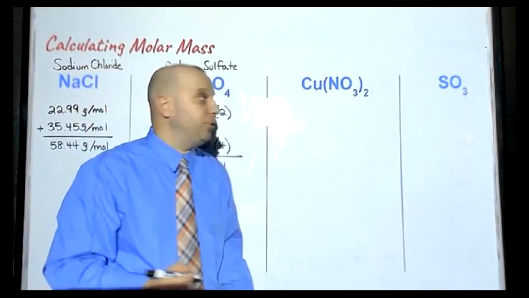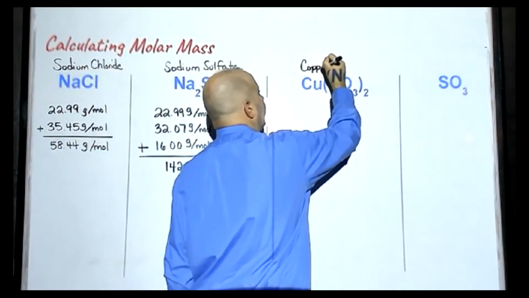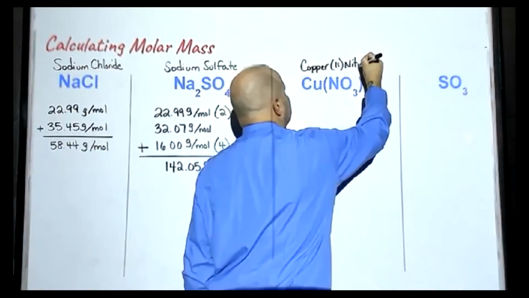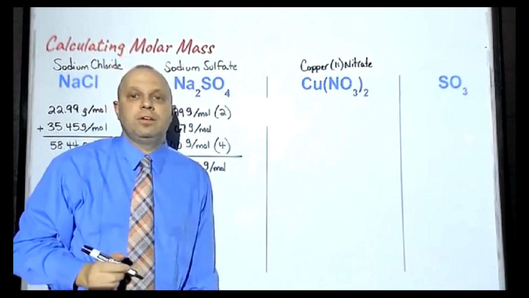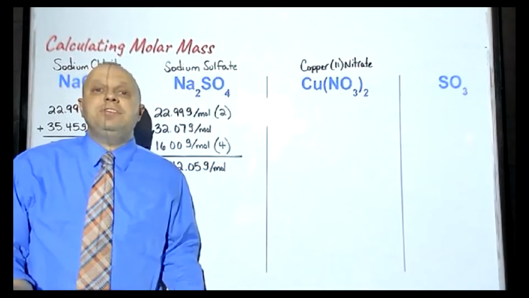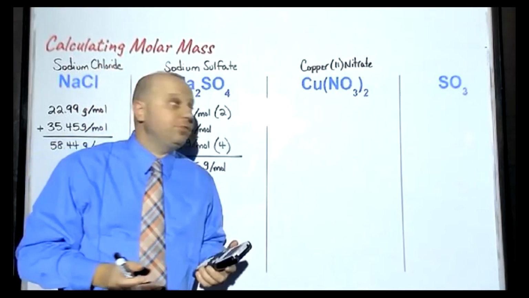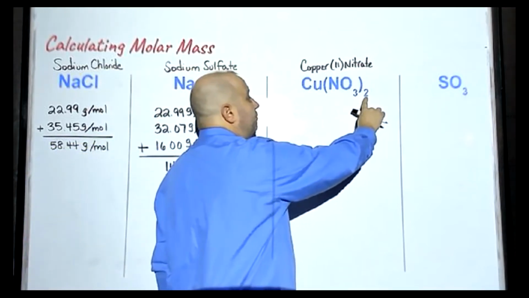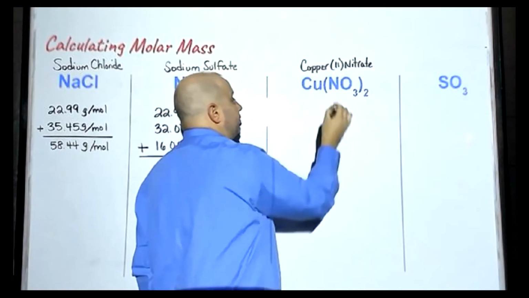In our next example, we have copper(II) nitrate. So in this case, I want to remind everyone of the significance of parentheses. If you have a subscript outside of the parentheses, it gets distributed throughout the parentheses.